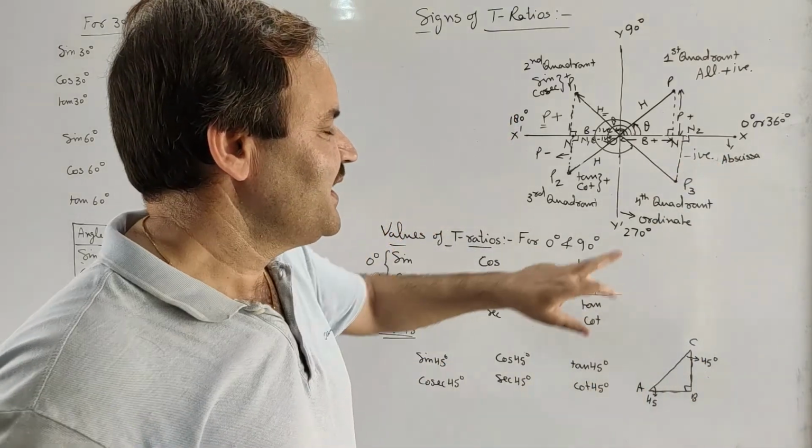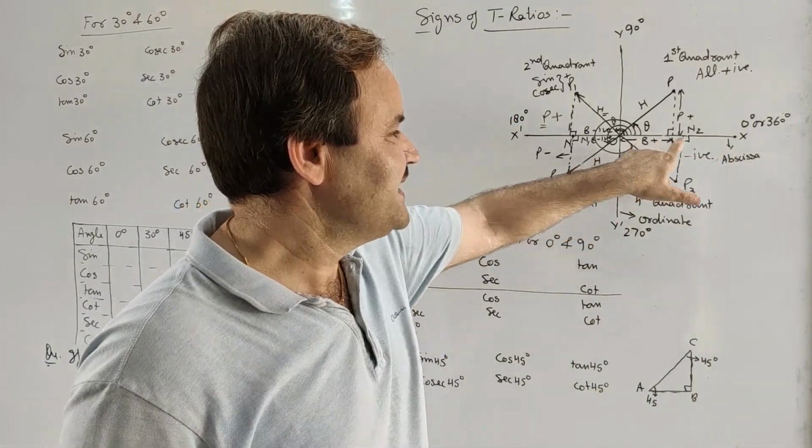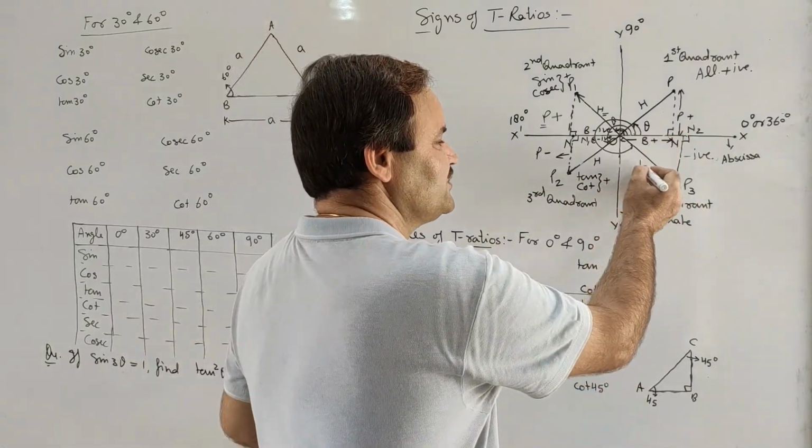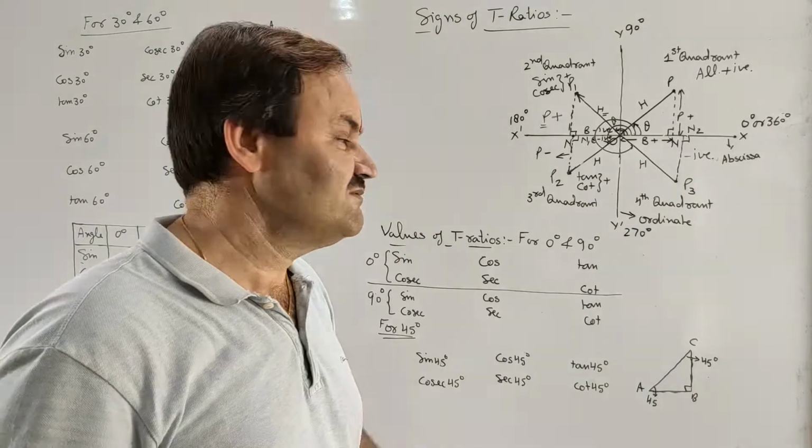It means in the fourth quadrant base is positive, perpendicular is negative, and hypotenuse is always positive.